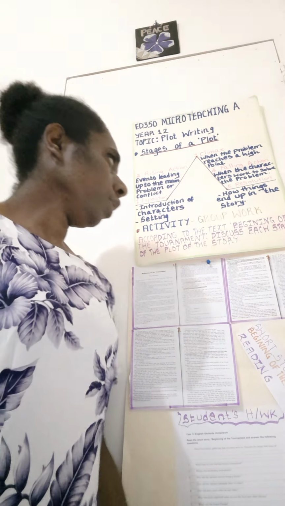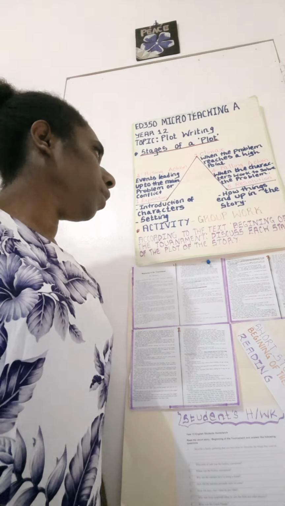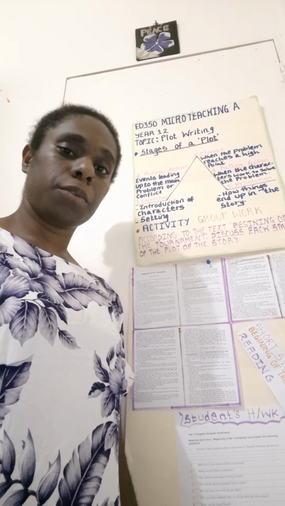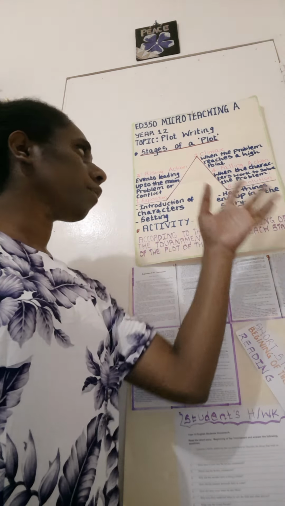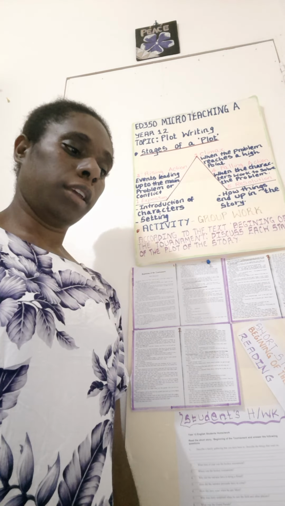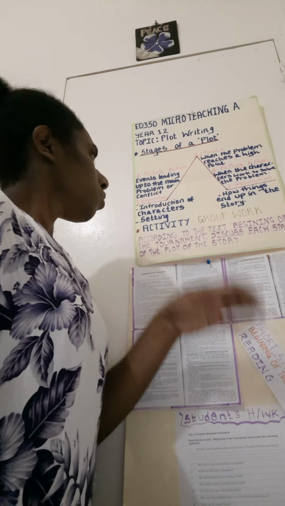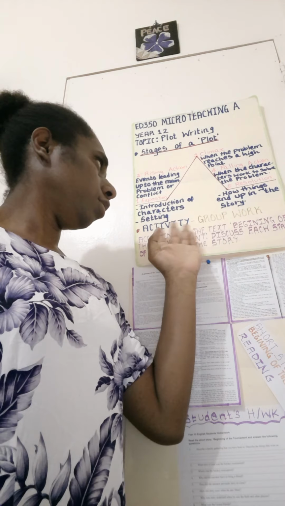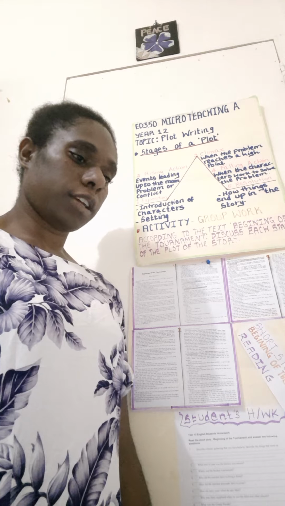After explaining these 5 stages, I will ask my students if they have any questions. They can ask about these 5 stages, or if they are not sure about anything, they can ask for clarification. After that, I will divide my students into group work. They will be discussing in groups.